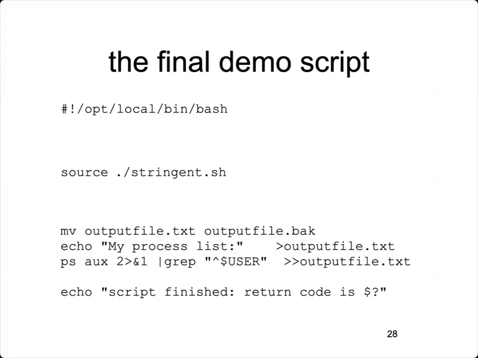In addition, because this is the first thing in the script, stringent hasn't taken hold yet, right? So if we're sourcing in something and it can't find it, it's just going to throw an error and not stop, because stringent hasn't been loaded yet. So you can add an 'or exit 1' on this line, and then it will exit if there's any problem sourcing in that file.